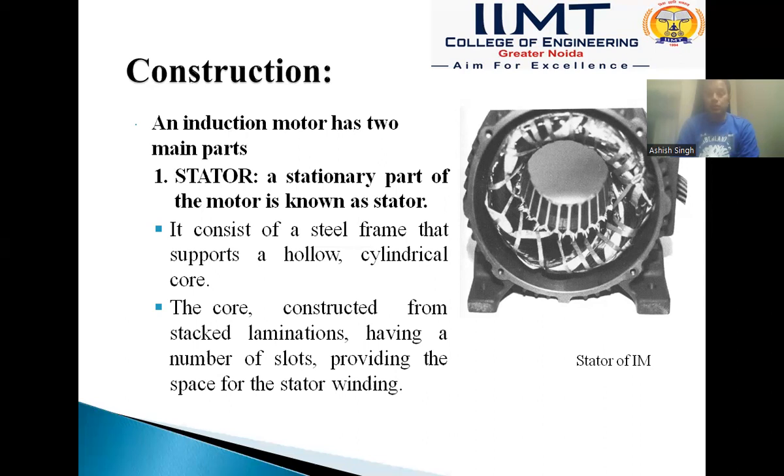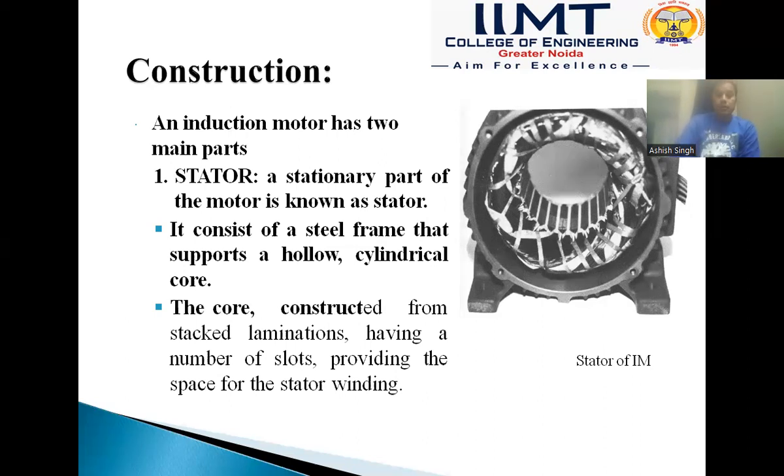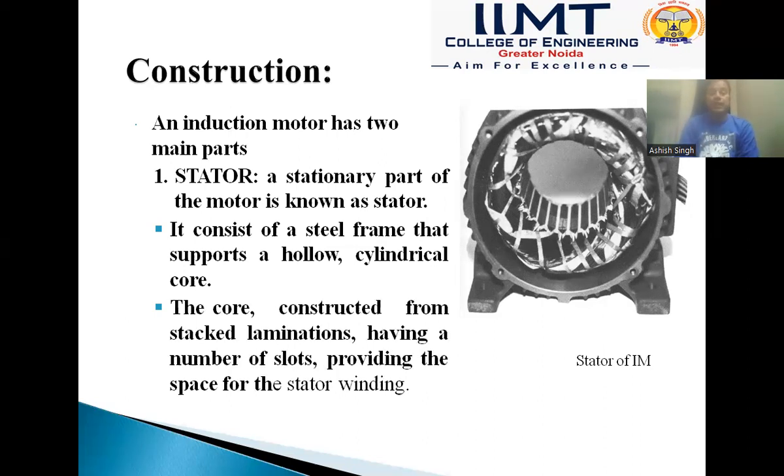Mainly, it includes the outer frame and yoke. So the stator consists of a steel frame that supports a hollow cylindrical core in which the three-phase stator winding is placed, and the core is constructed from stacked lamination having a number of slots providing space for the stator winding.